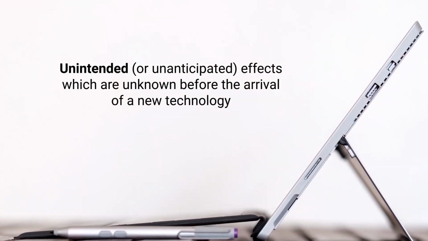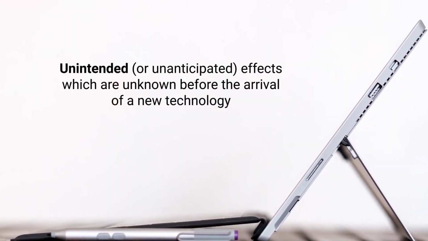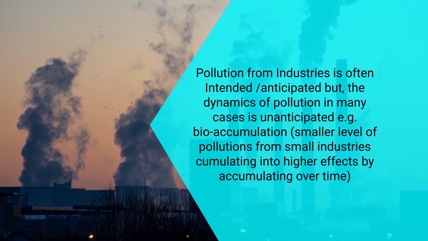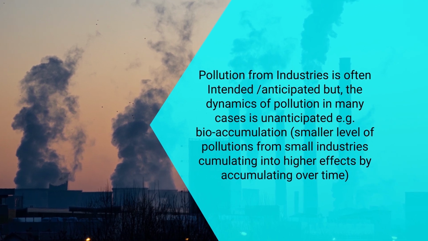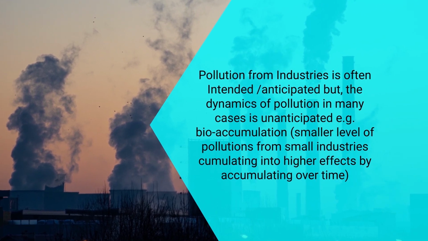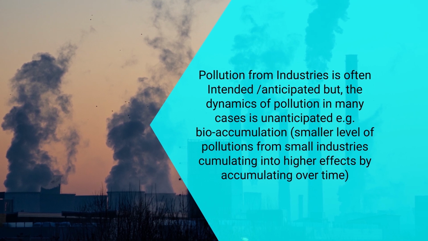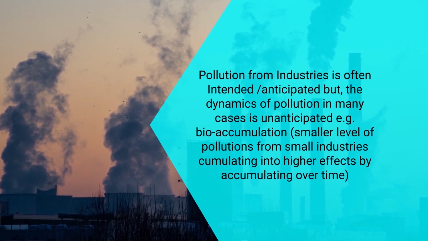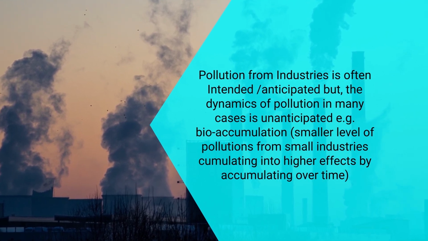But some effects of technology are unintended or unanticipated. What are these? These are the effects which are unknown before the arrival of a new technology, and these are much more harmful. For example, pollution from industries is often intended, but the dynamics of pollutants may be unanticipated.